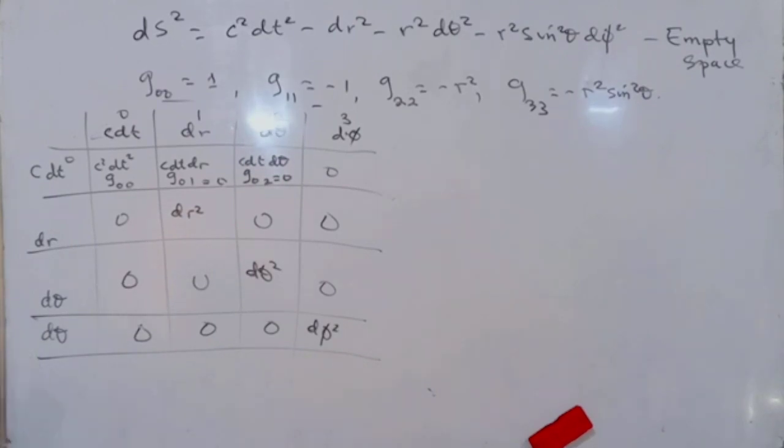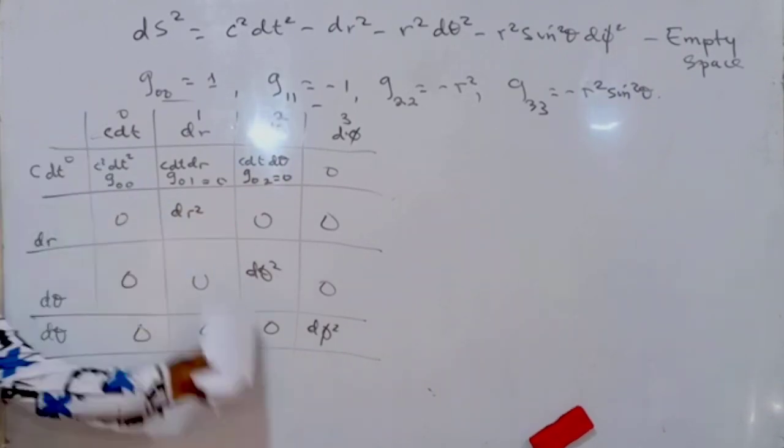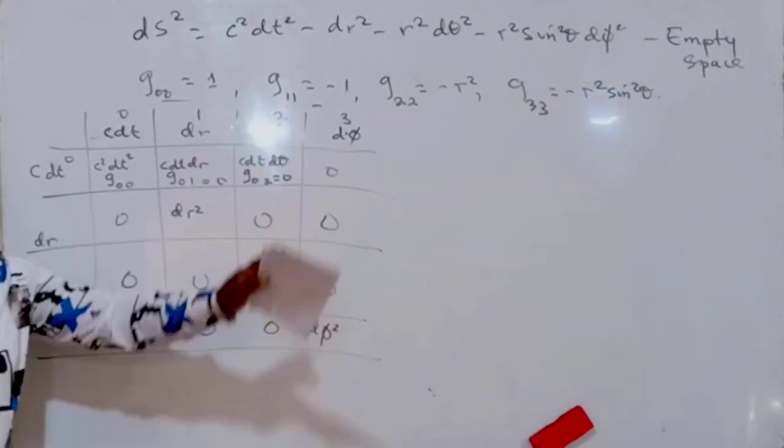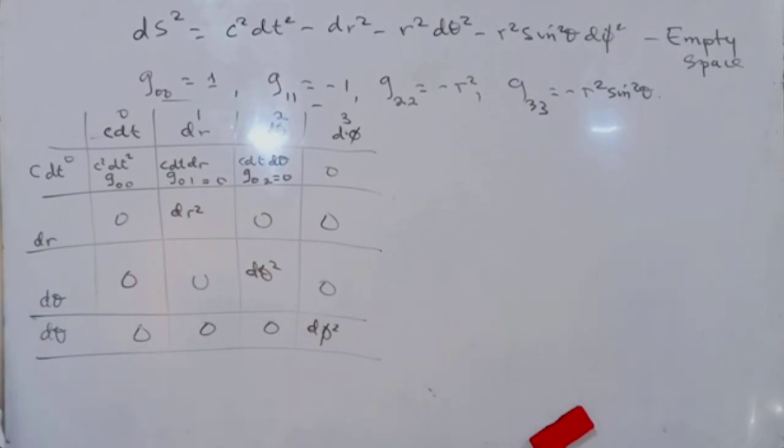So this is our metric tensor in empty space where there is no gravity.